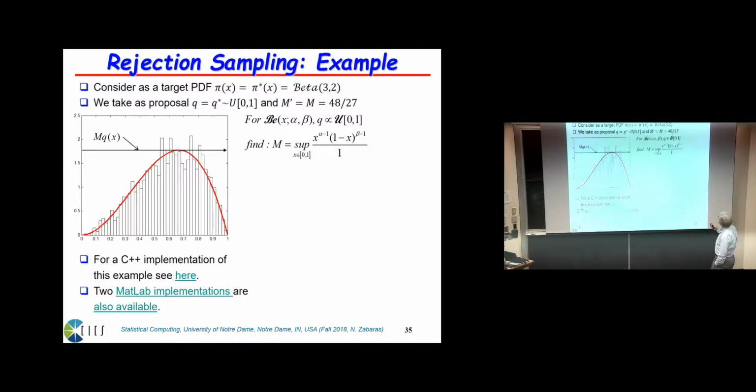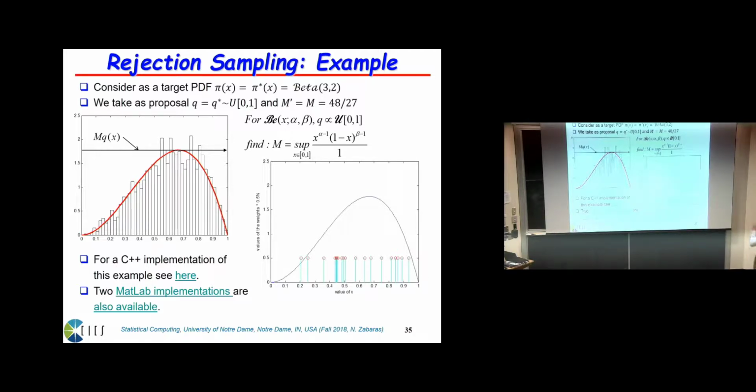If you take the beta distribution with parameters alpha equal 3 and beta equal 2, this m comes to be 48 over 27, and so mq is like that. This is the actual distribution, and all of these things are a histogram following this accept-reject algorithm, where all the samples are generated from the uniform distribution. So what you see here are the samples that are being accepted.